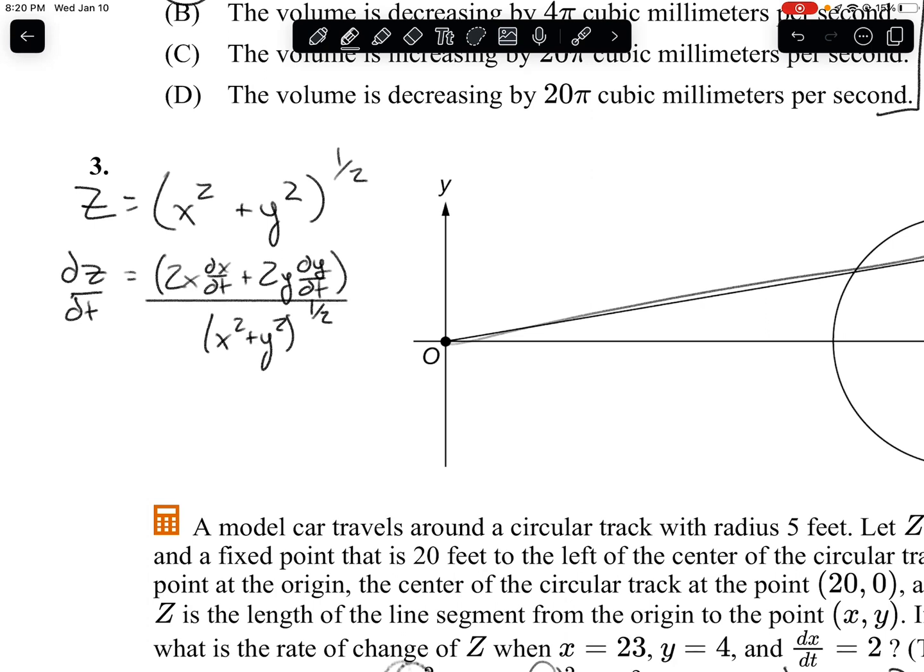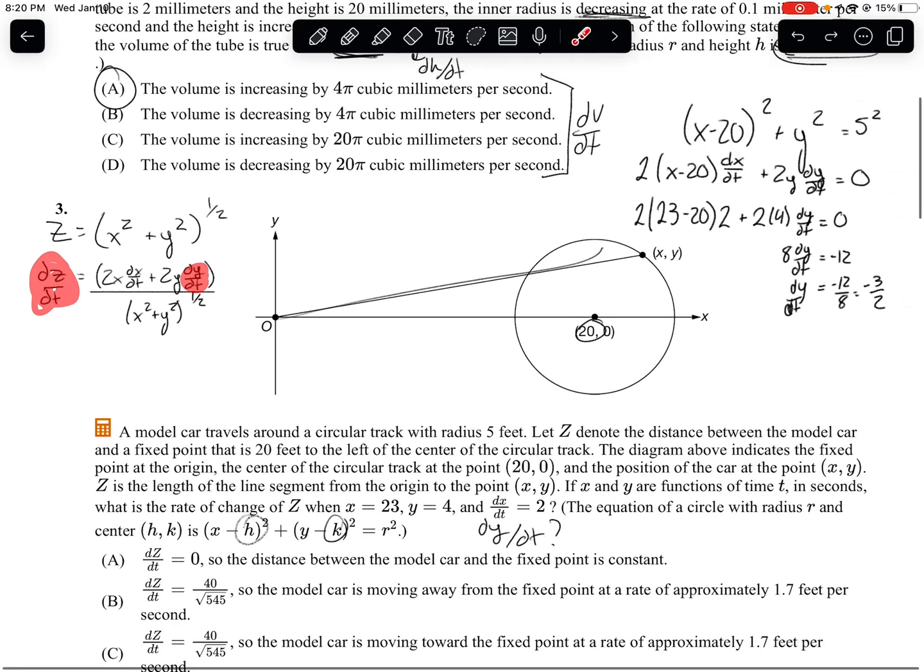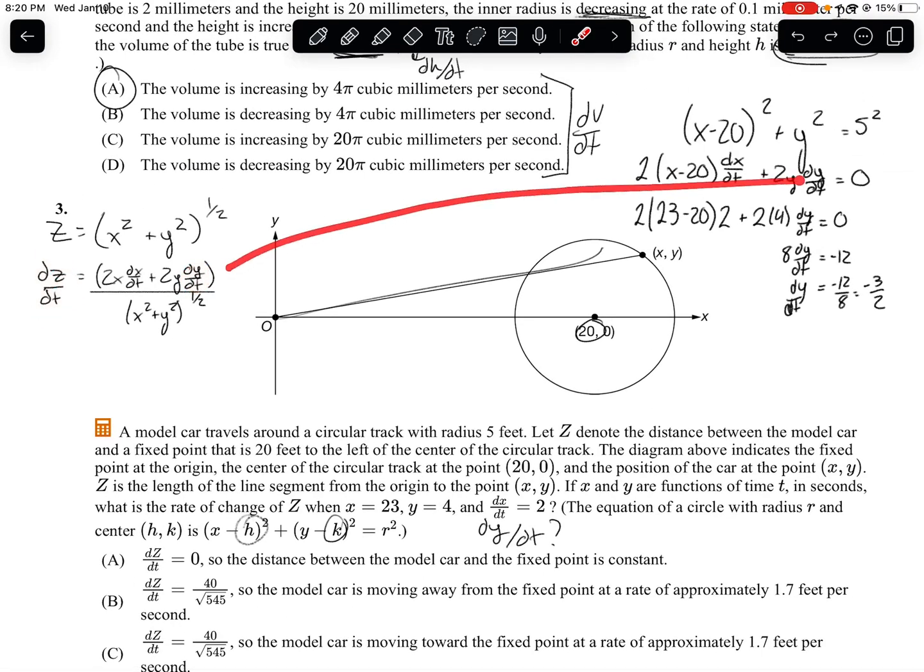So if you were to do it this way and you did this portion first, that's grand. And what you would have noticed at this point is you're about to plug in all these numbers, and you're like, shoot, I don't have a dy/dt. I have one equation and two unknowns. So I need to find another equation that's going to link in that dy/dt, and that's where this comes in.